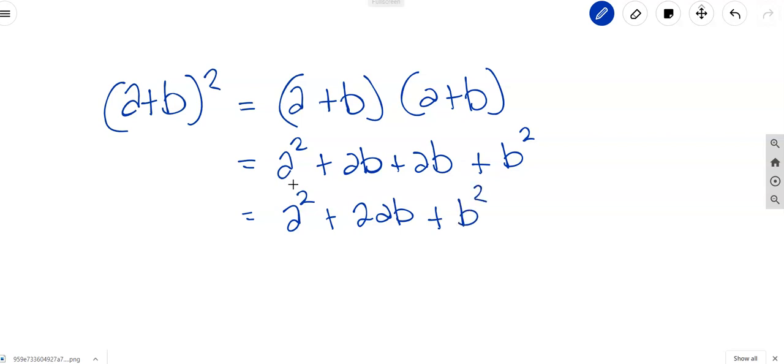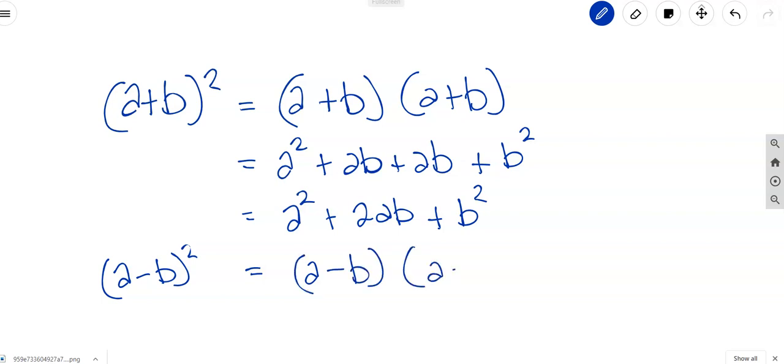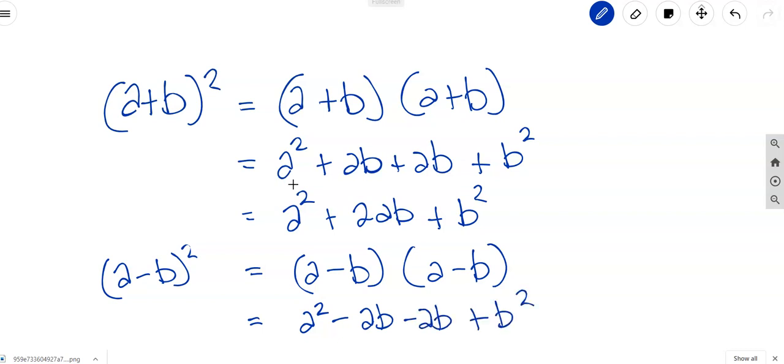The other one, a minus b squared. Therefore, we'll have a minus b times a minus b, which gives us a squared minus ab minus ab plus b squared.